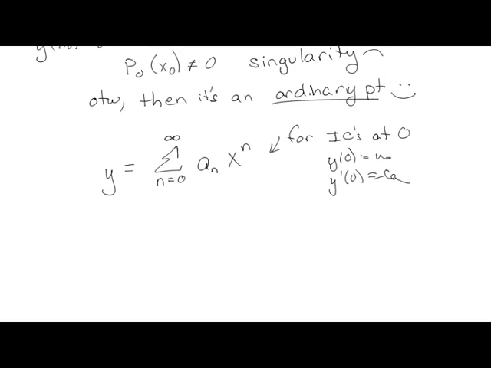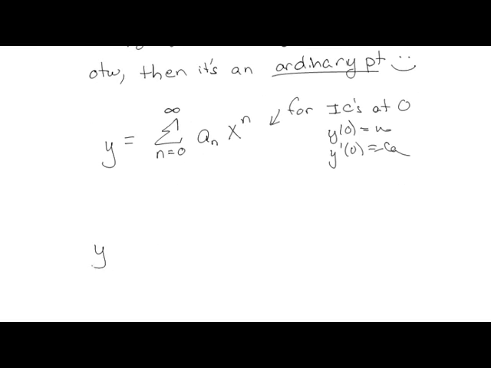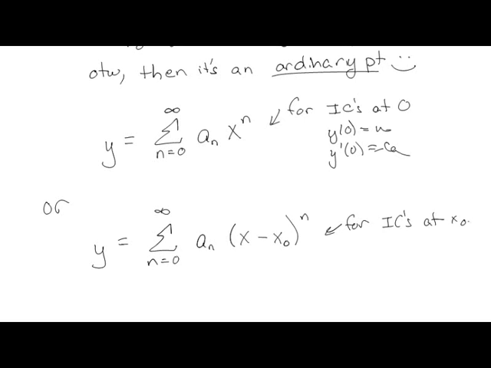But if our initial conditions are not at 0, it's still not a big deal. Then we would just make a guess of the sum from n equals 0 to infinity of a sub n times (x minus x naught) to the n. So if we had initial conditions at x naught, then it would look like y at x naught is blah and y prime at x naught is blah. So really, if you have a non-zero initial condition, then you want to guess with x minus x naught.